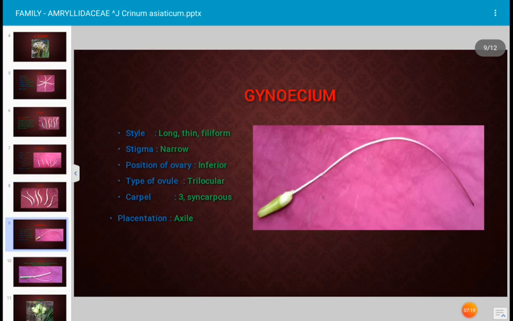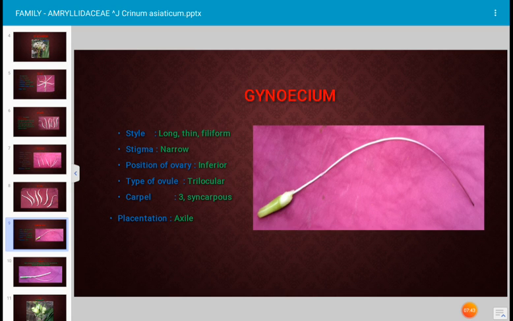Next. This is the gynoecium. Gynoecium consists of ovary, style, and stigma. Style is very long and thin. A long, thin style is described as filiform. Okay. Stigma is narrow, reddish, red colored. Position of the ovary is inferior.